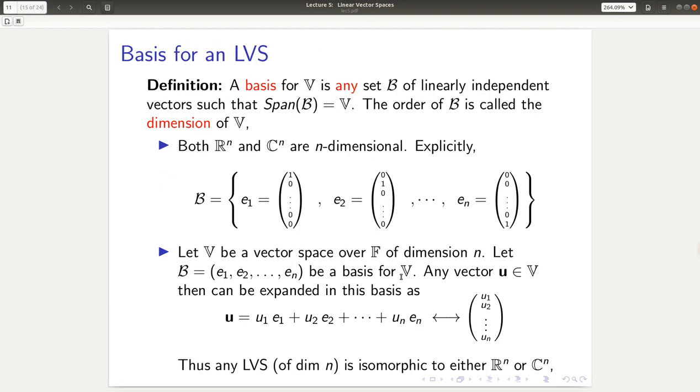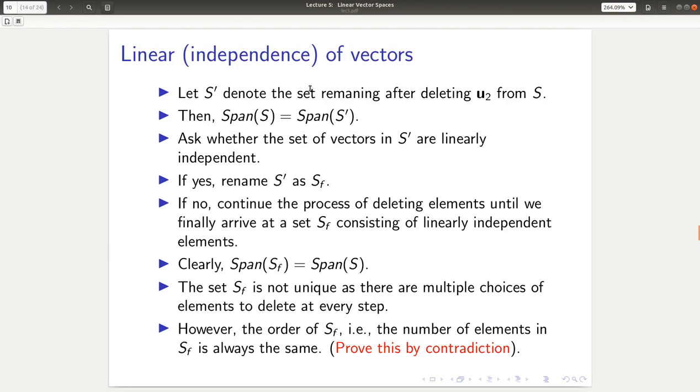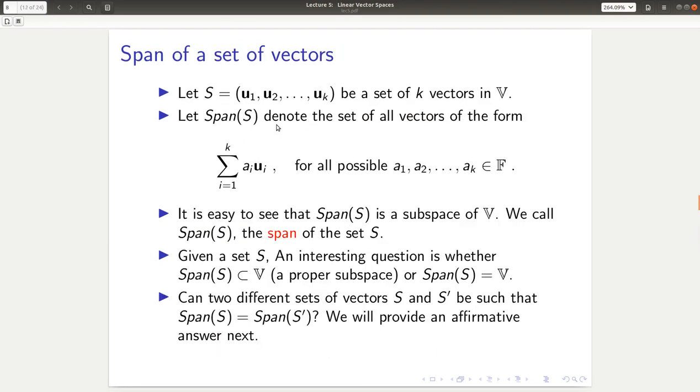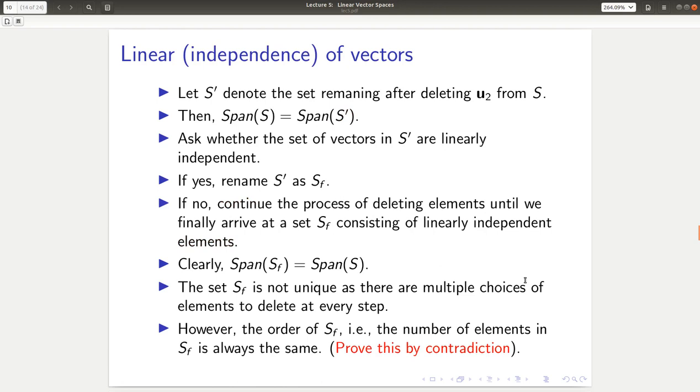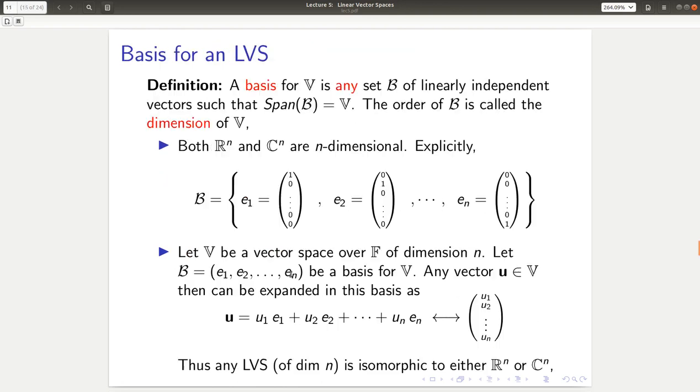Now we will go to an important idea, which again generalizes something which we know from usual vectors, and that is the notion of a basis for a vector space. So a basis for V. Just one point here is that the span of S, like I mentioned earlier, could be a proper subspace or it could be all of V. In the case of a basis, B is a set of linearly independent vectors.